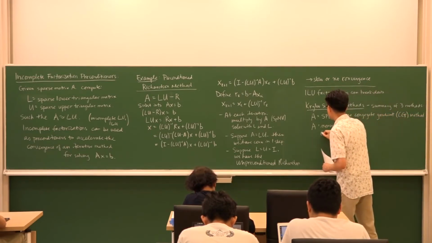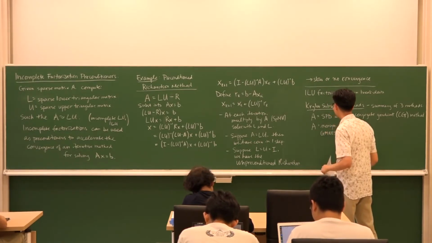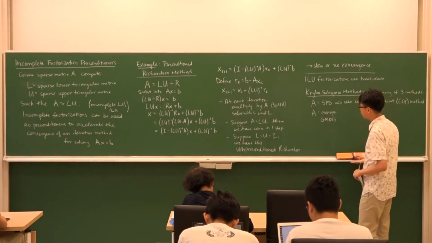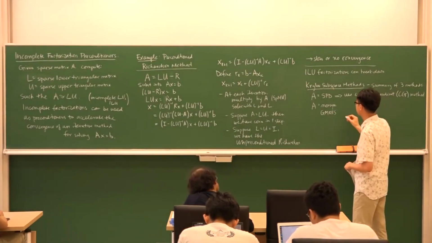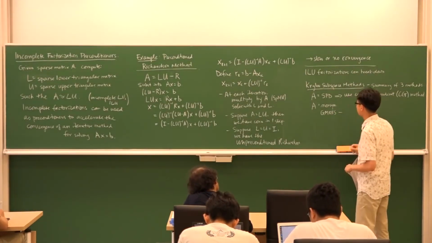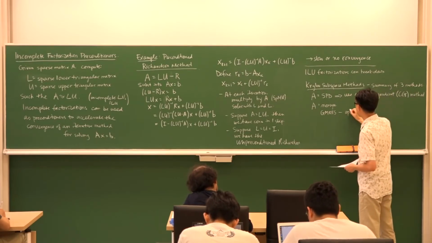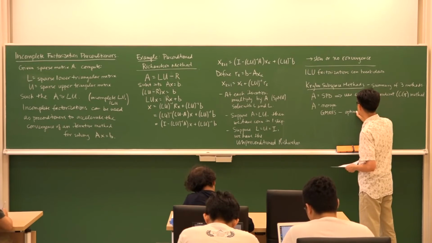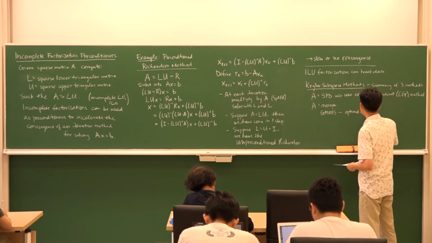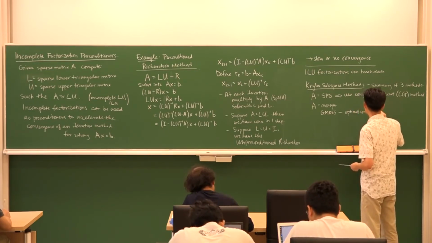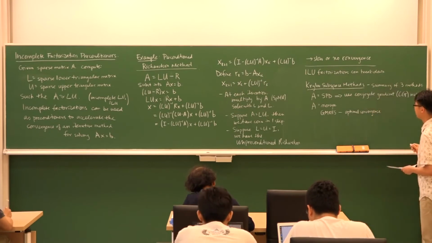One is called the GMRes method, and that stands for Generalized Minimum Residual Method. Okay. So this method has optimal convergence for non-symmetric problems in a very specific sense related to these Krylov subspaces.